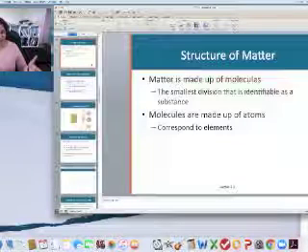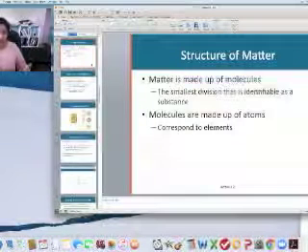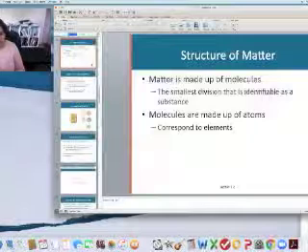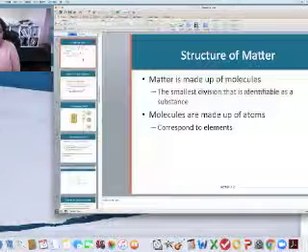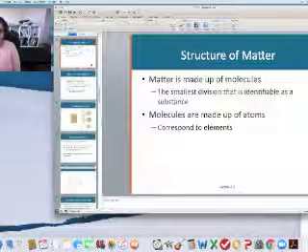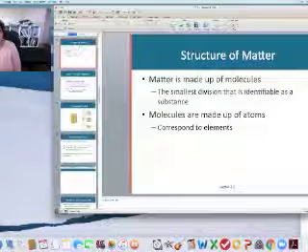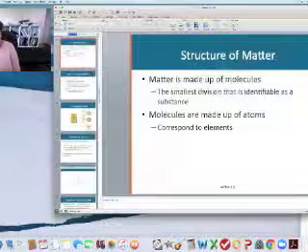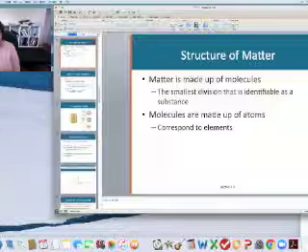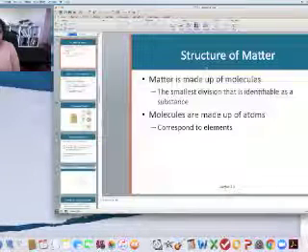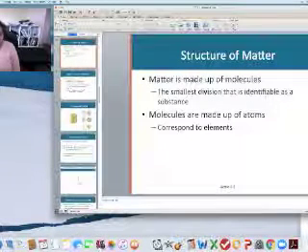That becomes immediately obvious. You need two hydrogens and an oxygen sitting at a certain angle, bonded together at certain angles in order to make up one molecule of the substance. So you need at least one molecule to form water. That's what matter is made up of, molecules.